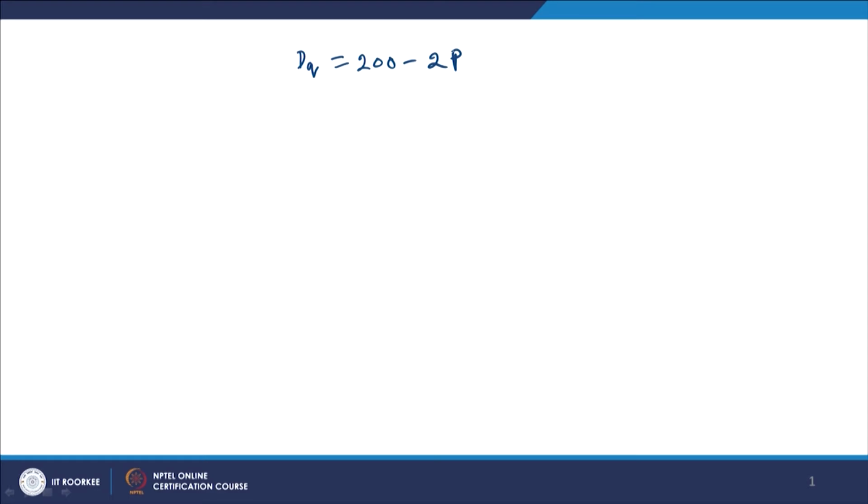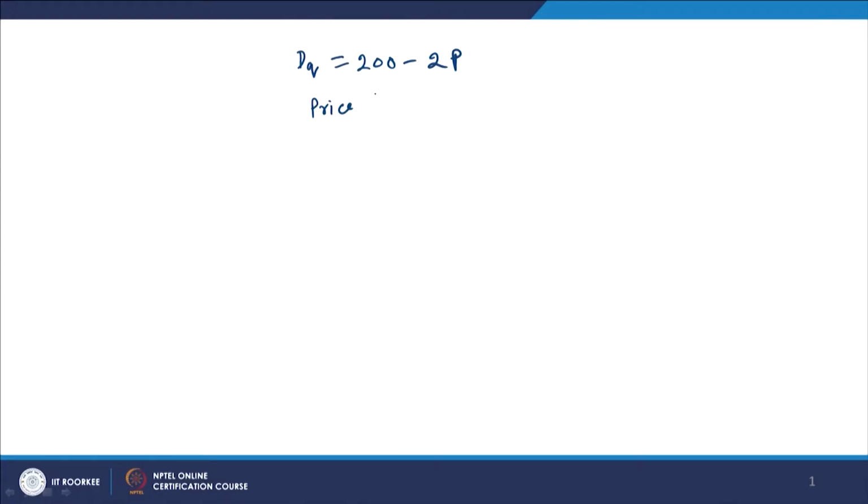Now, from this demand function you can calculate the price at which the quantity demanded would be 0, meaning the maximum price at which quantity demanded would be 0. So, price at which Qd is equal to 0, and that is you can say 200 minus 2 into 100 equal to 0.